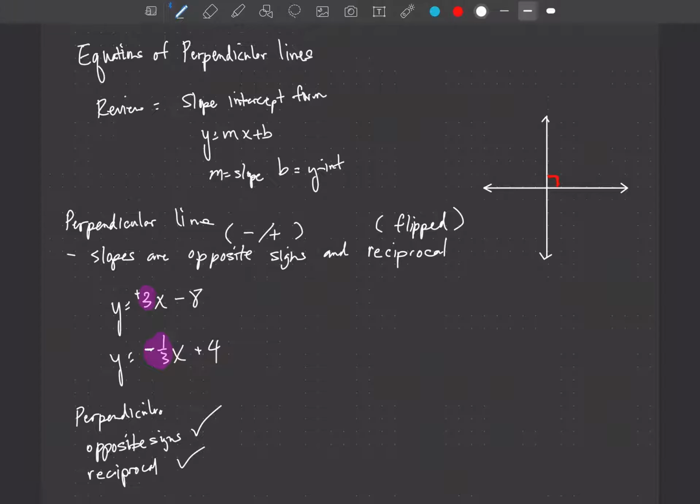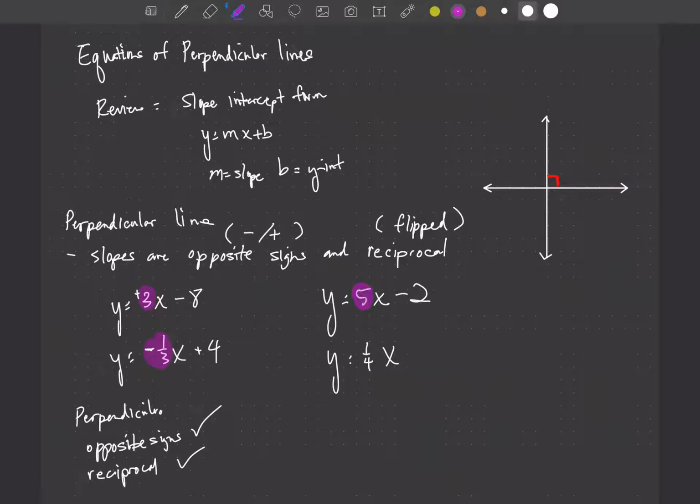Let's look at an example that is not perpendicular. y equals 5x minus 2. y equals 1/4 x. And we're just going to leave it like that. So again, we're just looking at the slopes.